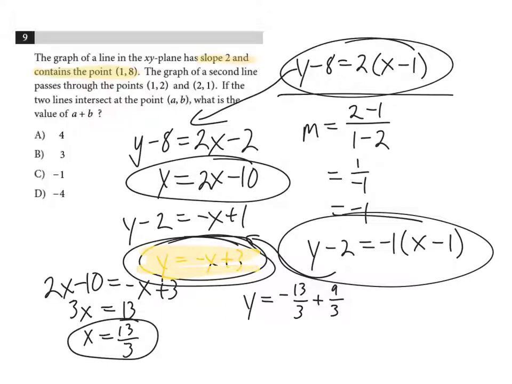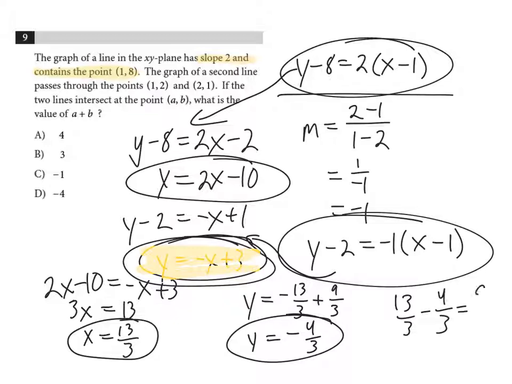Okay, and then I'm going to see that y equals negative 4 thirds. Okay, so if y equals -4/3 and x equals 13/3, we've got 13/3 plus a negative, minus 4/3, that equals 9/3. 9/3 is equal to 3.